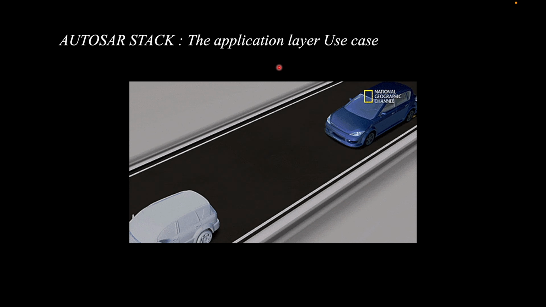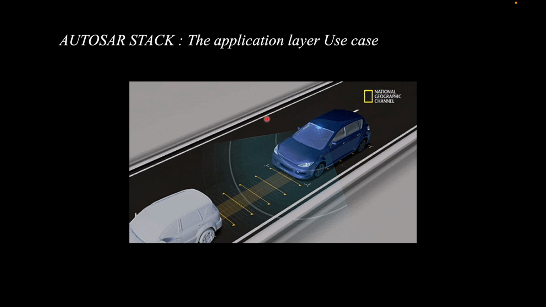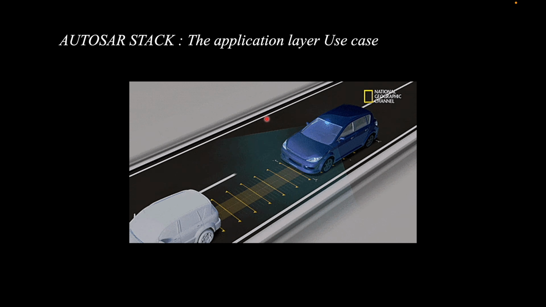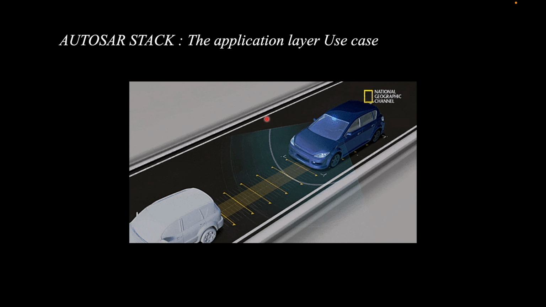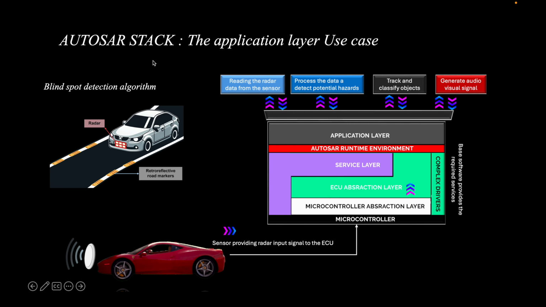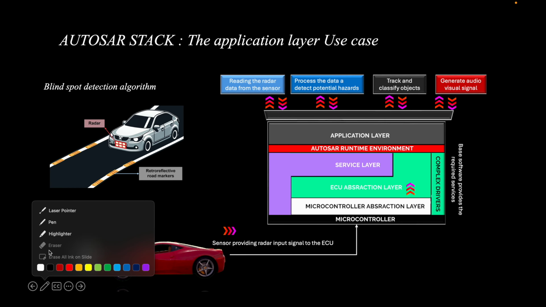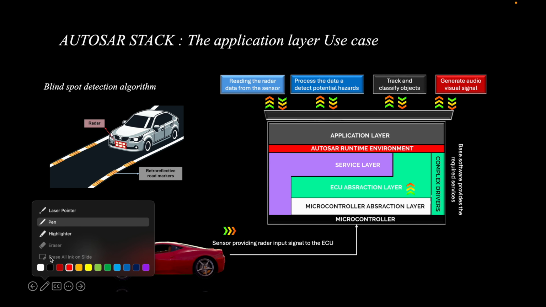That happens most of the time with the help of a radar sensor, and the logic you will be developing in the application layer. In this particular scenario, we will be implementing this blind spot detection algorithm, and we will look in detail at how this algorithm works.